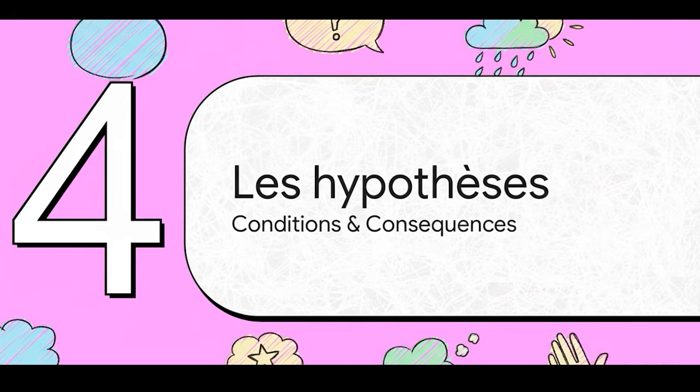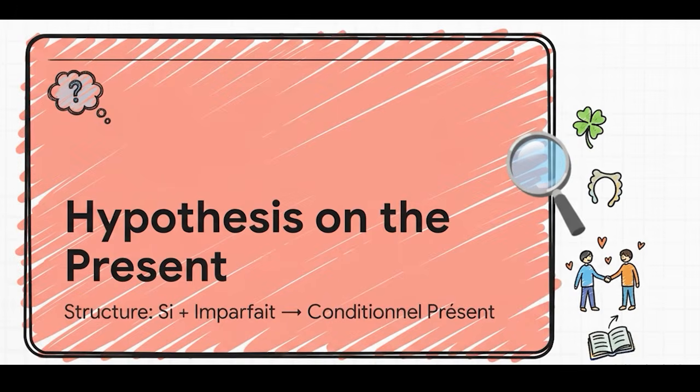Alright, let's dive into the most grammar heavy part of this, but I promise it's totally logical. We're talking about hypothetical situations, those what-if scenarios where you connect a condition with a possible outcome. So the first structure is for talking about a what-if situation that's contrary to your reality right now. The formula is always the same.